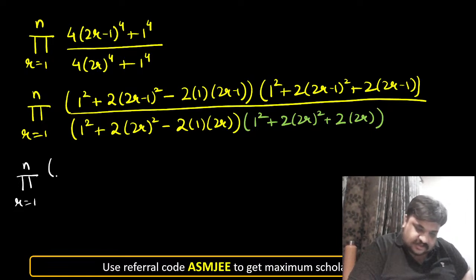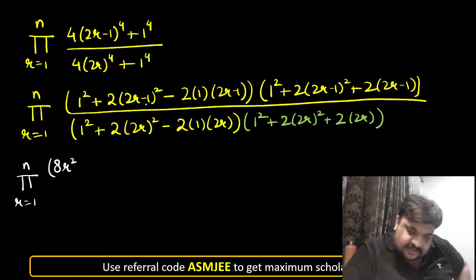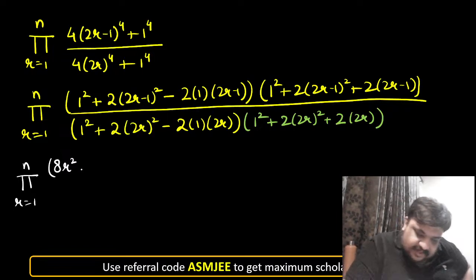Now see what this term is becoming. 4r square into 2 is 8r square, minus 4r into 2 will be minus 8r, and minus 4 gives minus 12r, 1 plus 2 is 3, minus 3 plus 2 is 5.